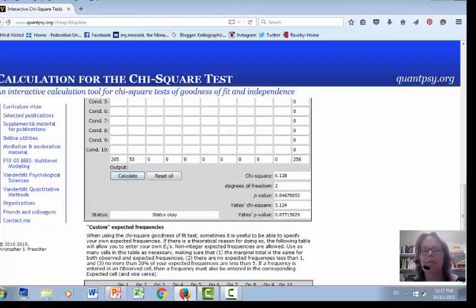Chi-squared. Okay, so chi-squared equals 6.128. What does that mean? Well, actually, it's probably more sensible for us to have a look at the p-value. Now remember, I'm assuming that you have enough statistical knowledge to understand how to use a p-value.